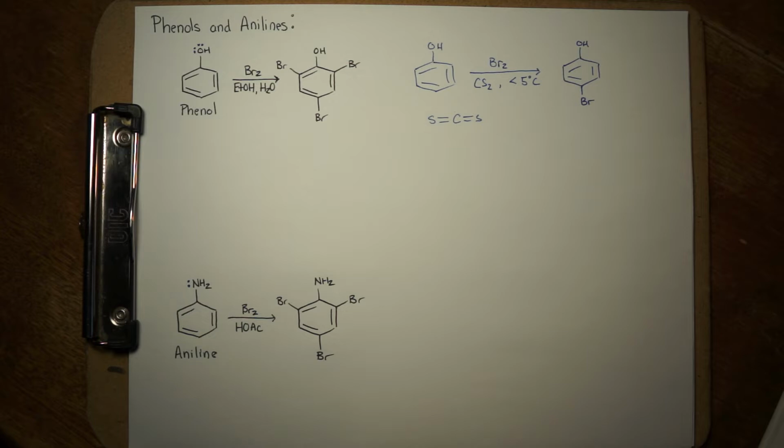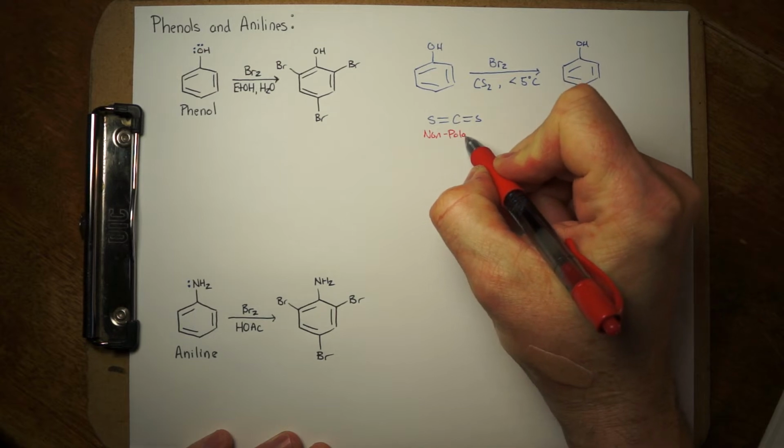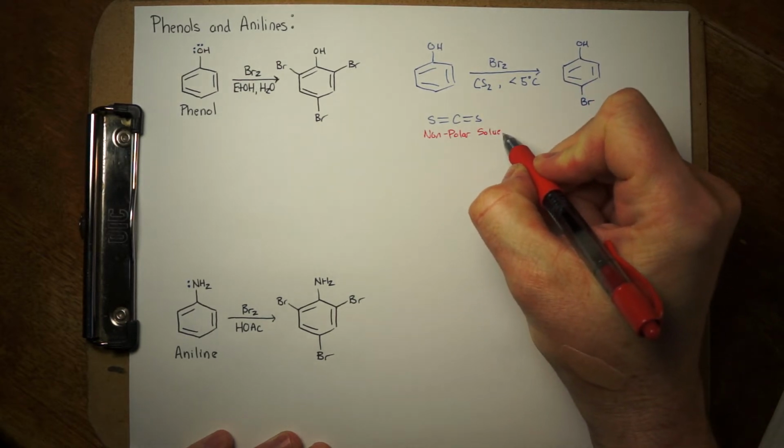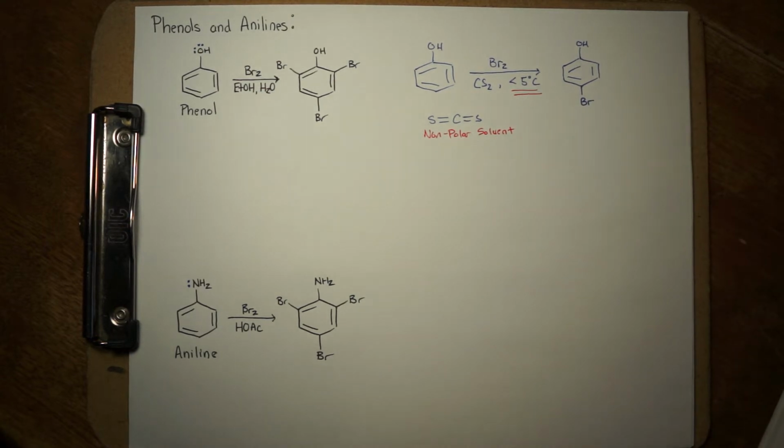So much so that we should be able to preclude multiple brominations, as long as we're careful and we monitor the reaction. Right? Since the reaction is being done at less than 5 degrees Celsius, so pretty cold temperatures, the reaction rate of this bromination should furthermore be reduced, right?